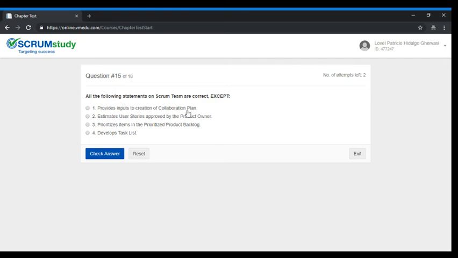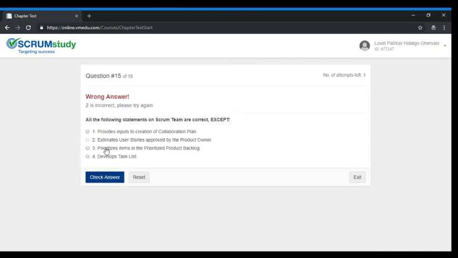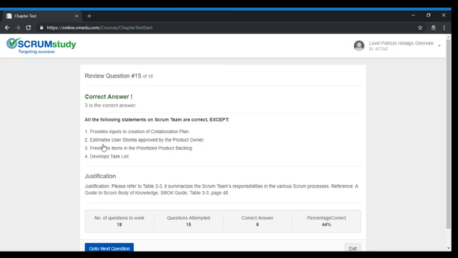Todos los enunciados del equipo de trabajo de Scrum son correctos, excepto... a ver, provee las entradas para la creación del plan de colaboración. Sí, esto es como el alcance, es verdad, eso es correcto. Estima las historias de los usuarios por trabajo del Product Owner.